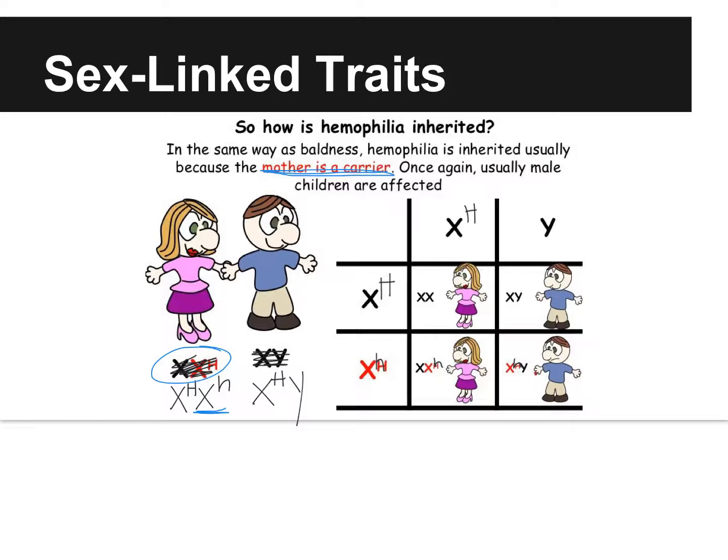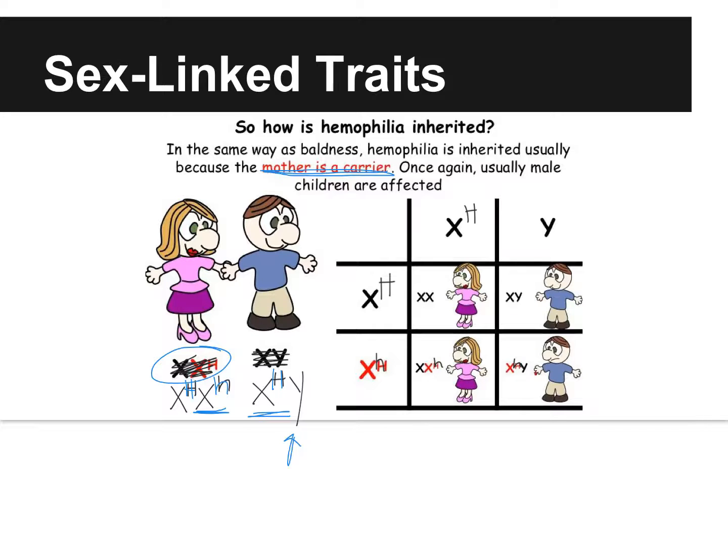And then we have a male who is not a carrier that are going to have kids. So they want to see what the chance is that the kids would have hemophilia. So she has a dominant allele and a recessive allele. He just has a dominant allele and nothing on the Y, because the Y doesn't carry this gene.